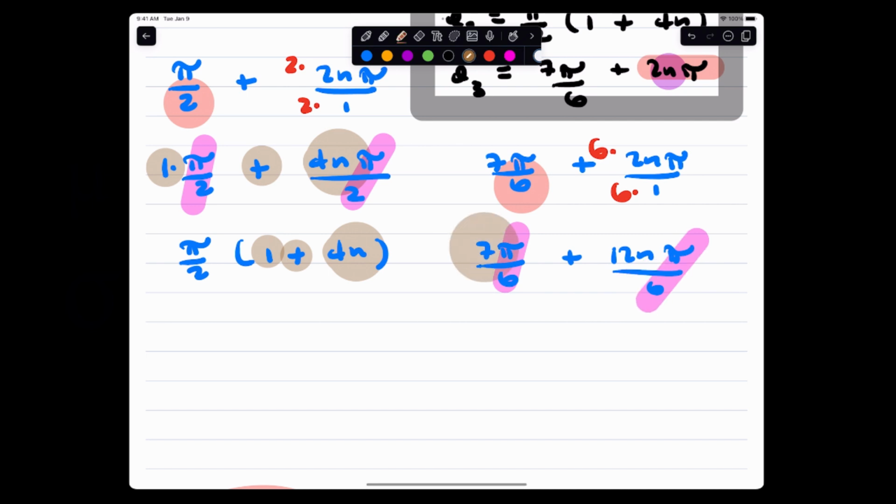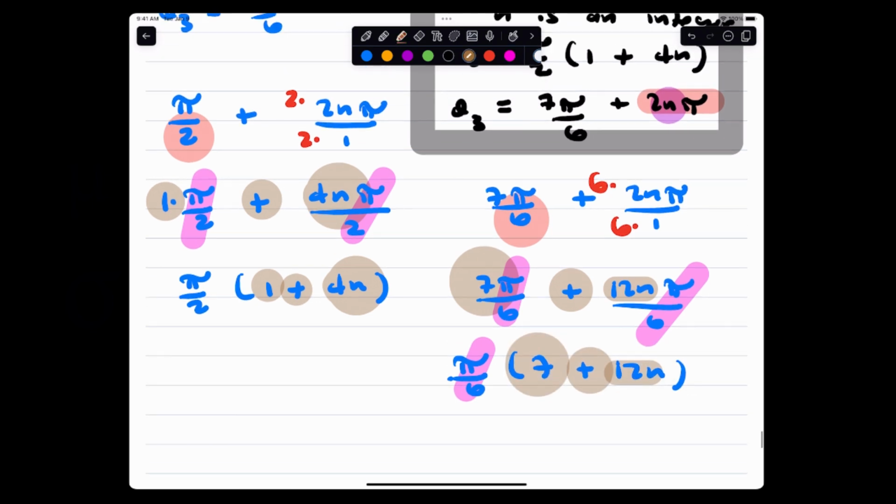What do you have left? 7 plus 12n. So you get your pi over 6, 7 plus 12n. See if you guys can appreciate the colors. What do you guys think?